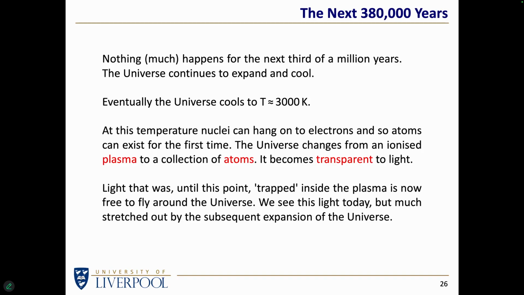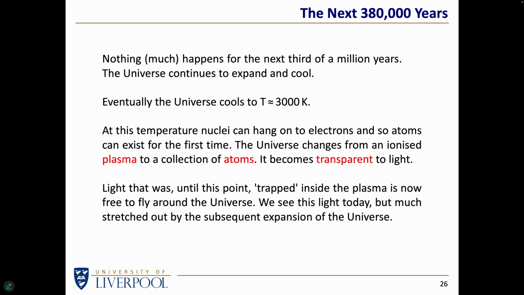Originally at 3000 Kelvin, objects would have been white hot, and so there would be a lot of visible and ultraviolet light at that point in the universe. We do see that light, but since then the universe has expanded something like 1,000-fold in terms of its size, and the wavelengths of the visible and ultraviolet light have been stretched out from something only a fraction of a micron or so.